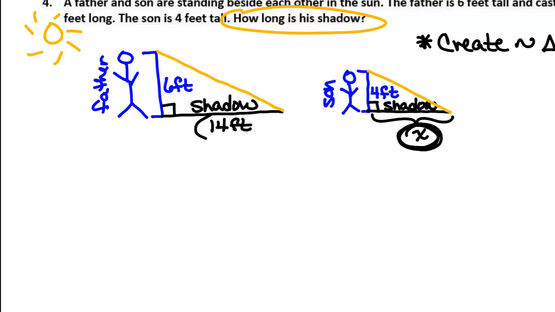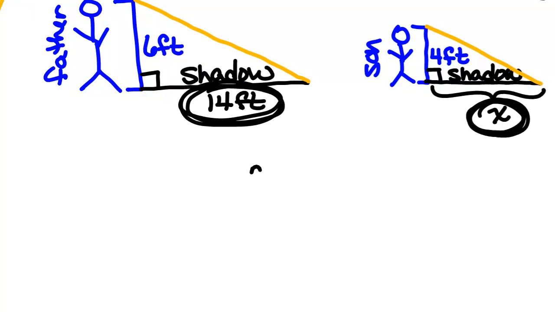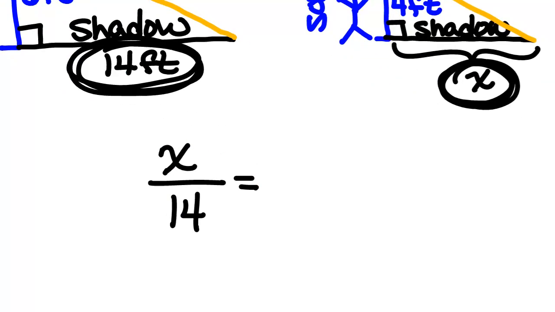The shadow length, 14 feet. So we're going to have one fraction that's talking about our shadows. Son's shadow over father's shadow, x over 14. What should our other fraction look like? 4 over 6, son's height over father's height. So the son is in the numerator for both of these, and the father's in the denominator for both of these.